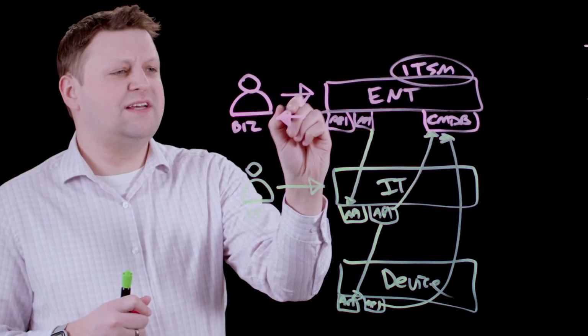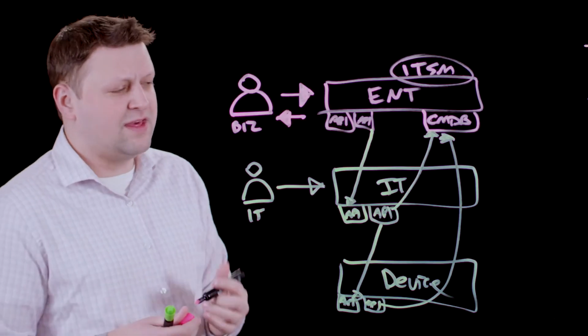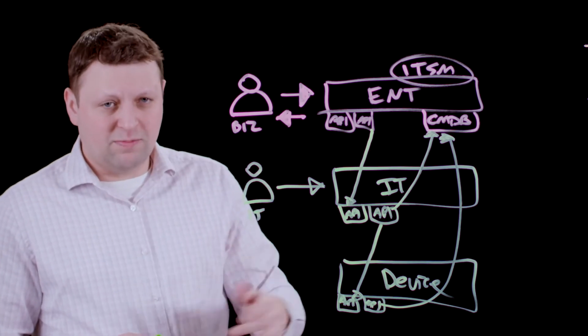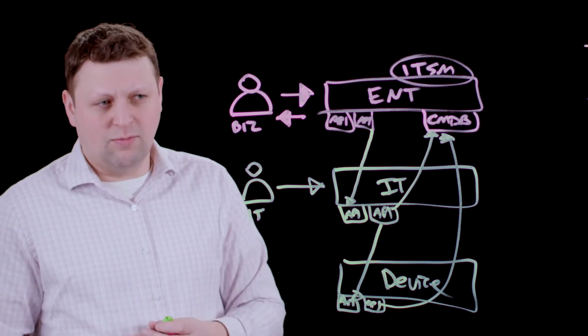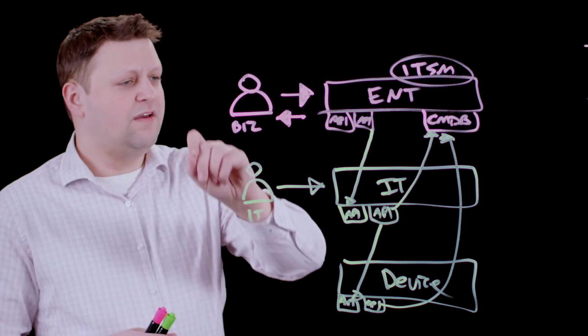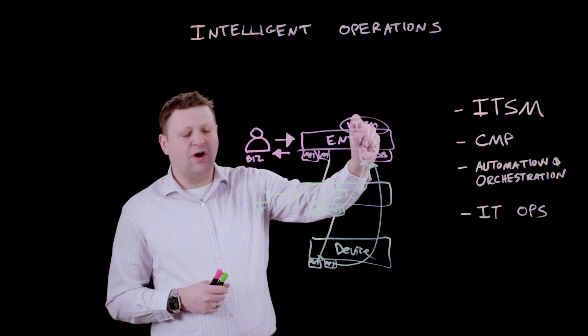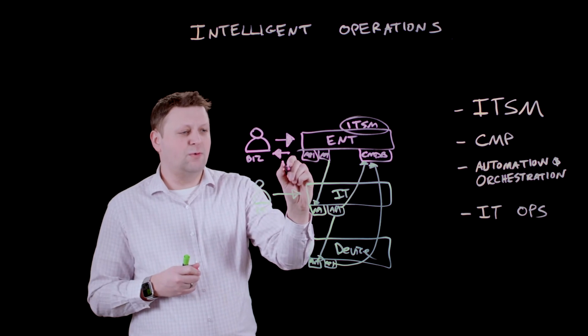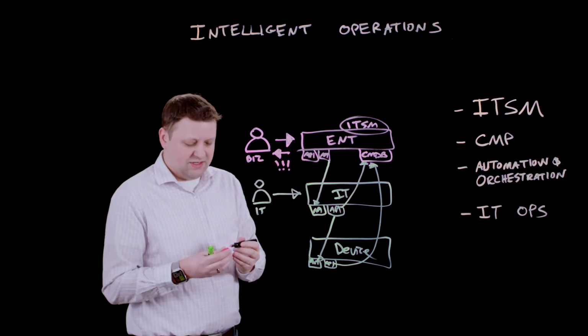And when we're talking about intelligent operations, we're talking about doing things day in and day out, and we're doing them with a greater sense of purpose and with less hands-on keyboard time. So if we can automate this process, that's going to increase our value and what we're providing to the business.